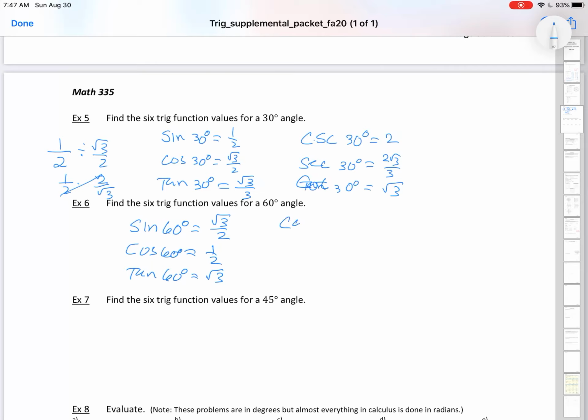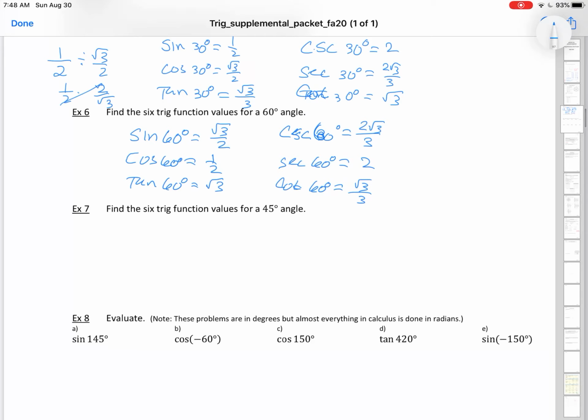And then I just flip. Cosecant of 60 degrees is equal to 2 root 3 over 3. Secant of 60 degrees is equal to 2. Cotangent of 60 degrees is equal to root 3 over 3.